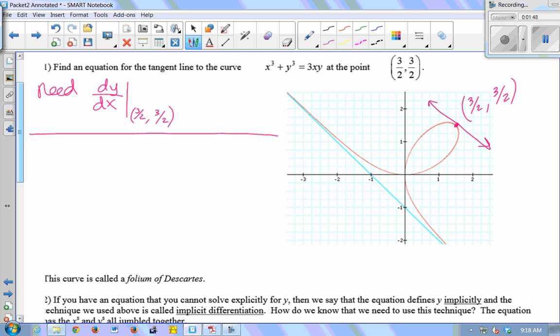So I write my equation down, and I want to take d/dx of x cubed plus y cubed equals d/dx of 3xy.